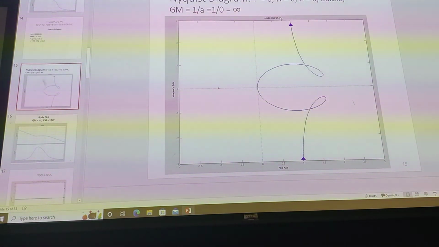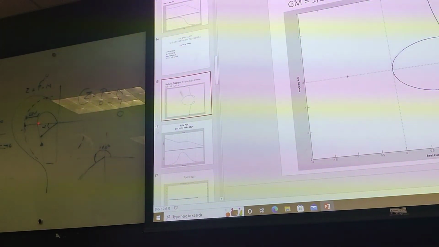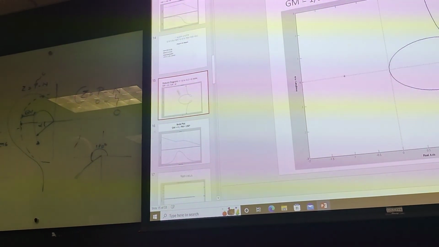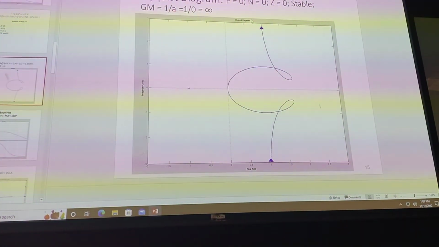Have you opened your previous classes lately? We said from the beginning, when we started studying Nyquist, that the gain margin is given by this relationship. This is 1 over A, and when we did a simple calculation, we found that the gain margin is 20 logarithm of A, where A is given by this point.